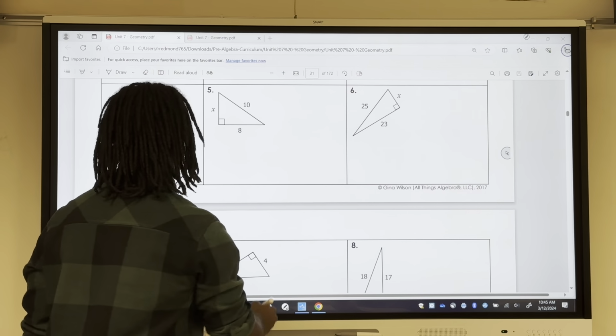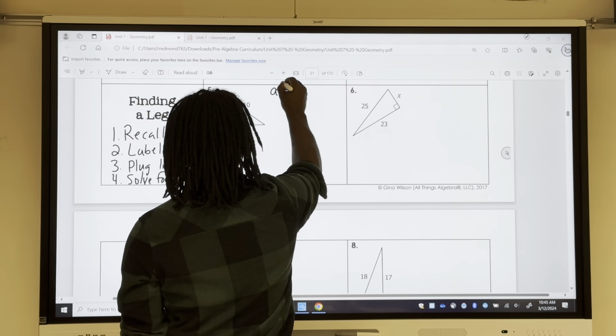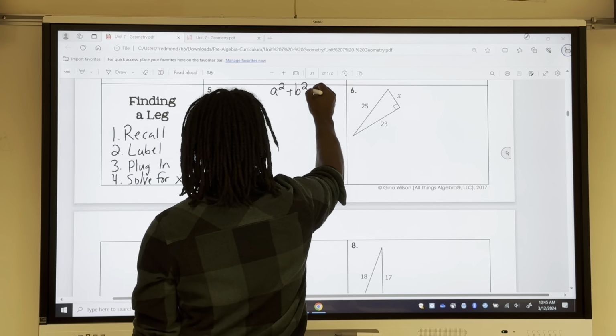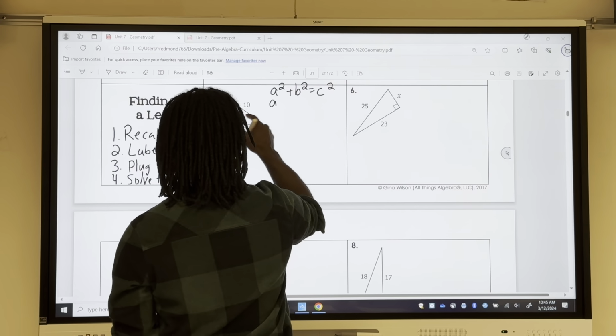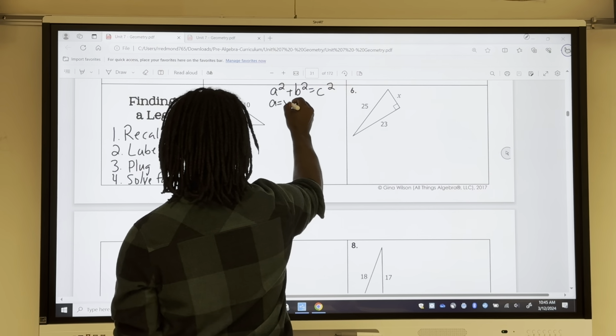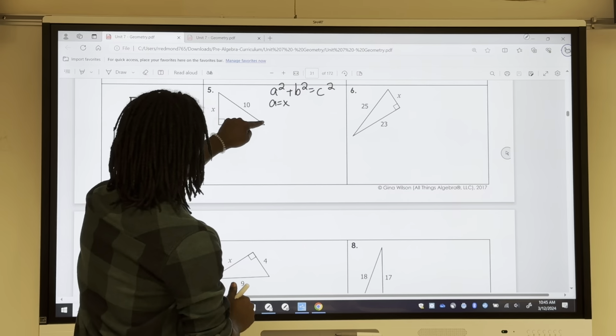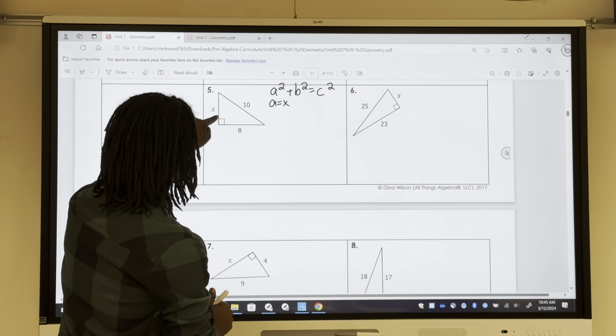Let's look at it. The formula is a squared plus b squared equals c squared. Now we're going to label them. A equals x in this case, because this side and this side is what makes the right angle.